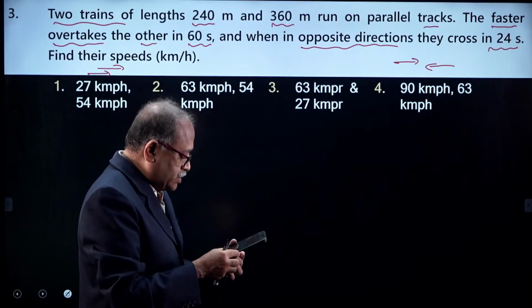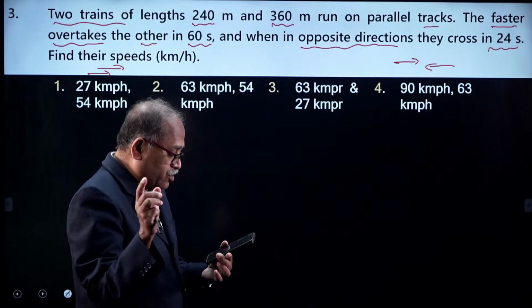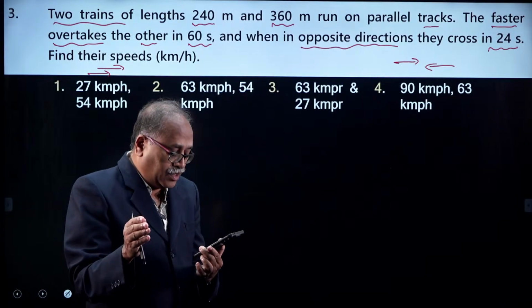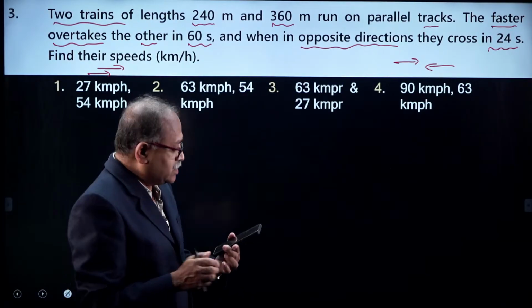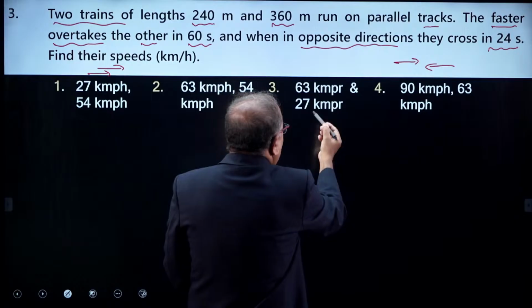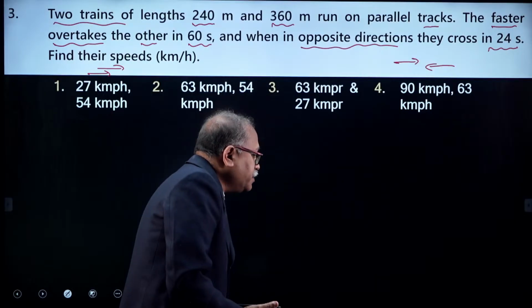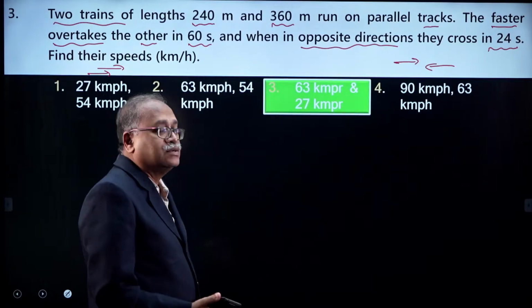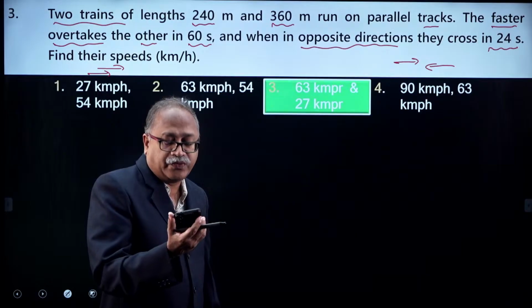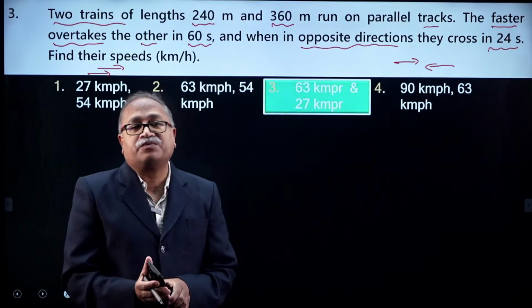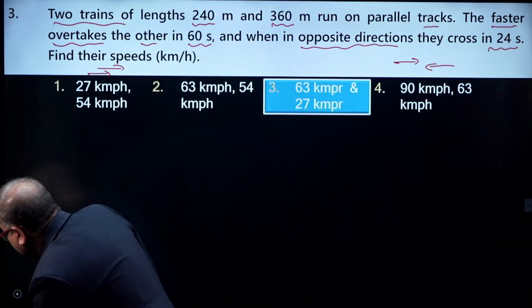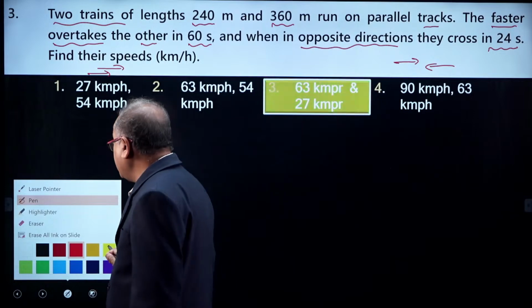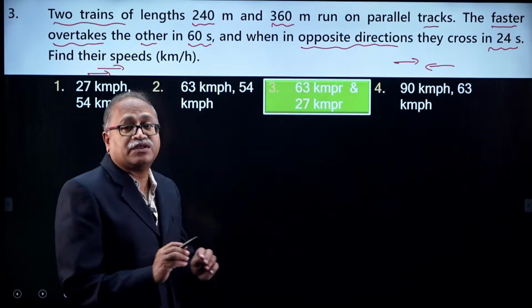So, what Pandu, not Prabhu, I am sorry, Mr. Pandu has said that 63 and 27, that is option choice 3. Let me check that. That's right, Mr. Pandu. So, that's what your practice reflects. You answered very correctly, and within the time.